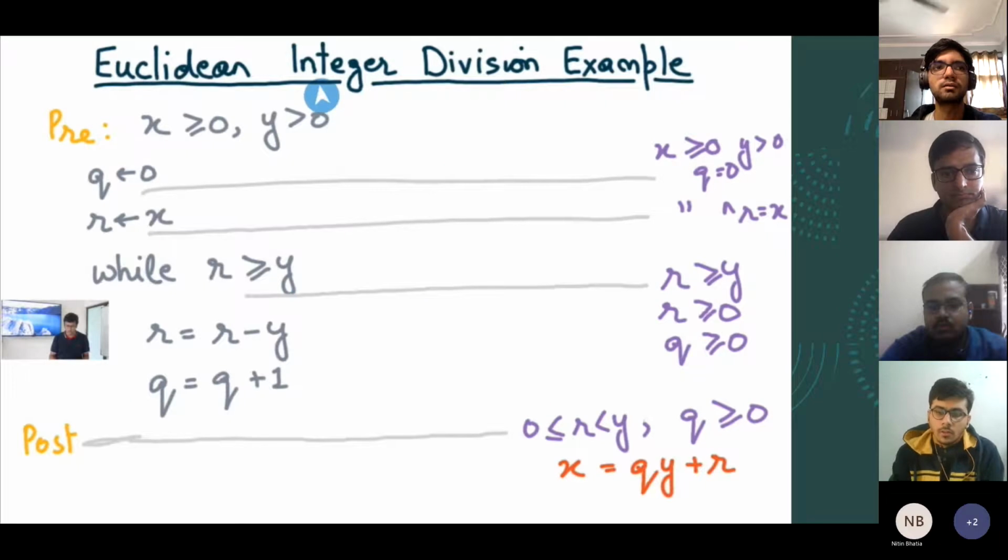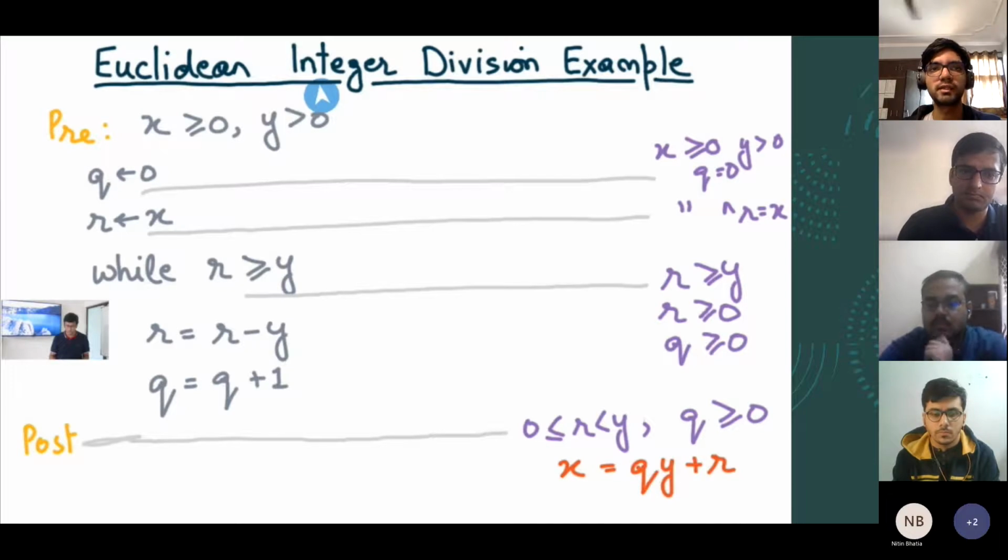But the assertion that we want to prove at the end, like x equals qy plus r, may not be easily derivable from the assertions that we currently have. So we may want to add more conditions that will allow us to prove x equals qy plus r at the end.